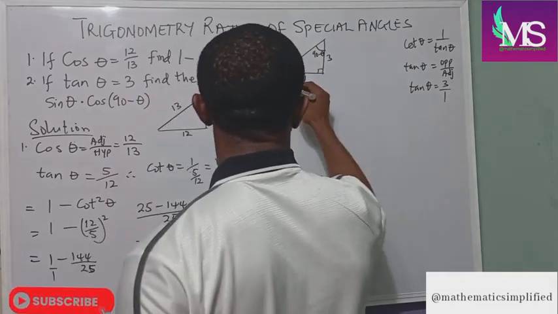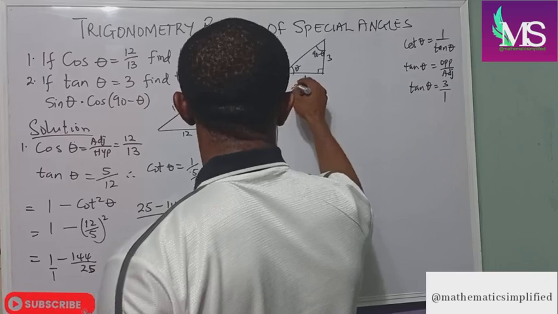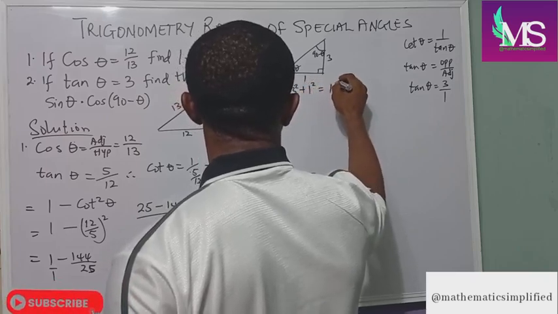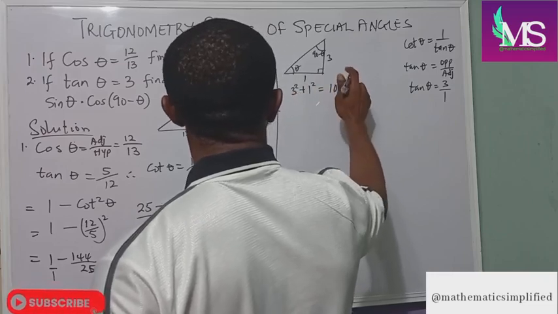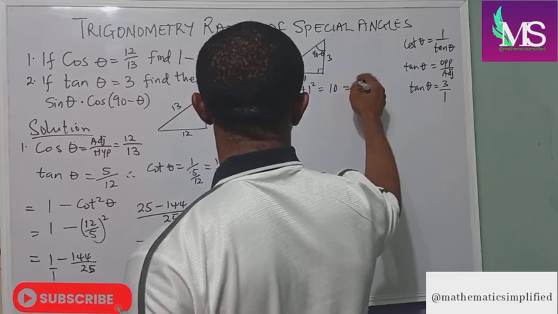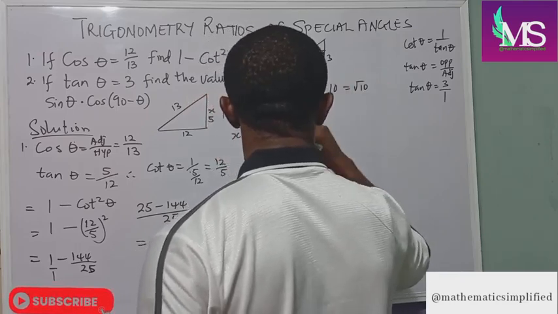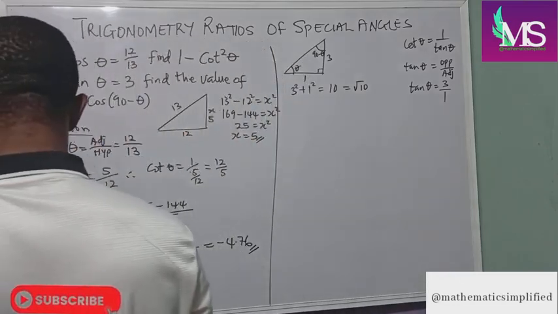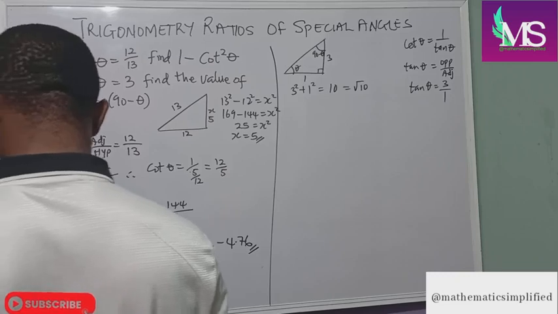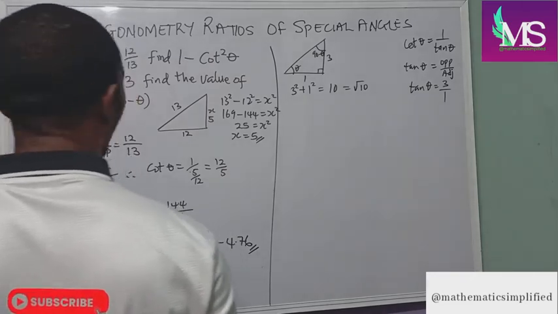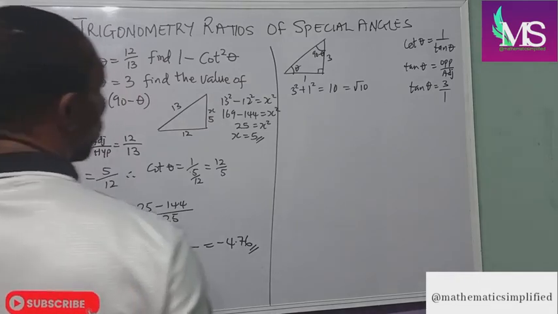Our hypotenuse will become 3 squared plus 1 squared, which is 10. So our hypotenuse will be root of 10, and square root of 10 is giving us 3.162.